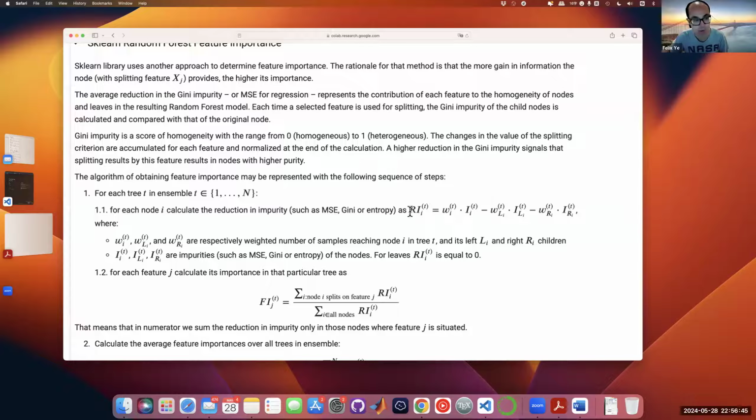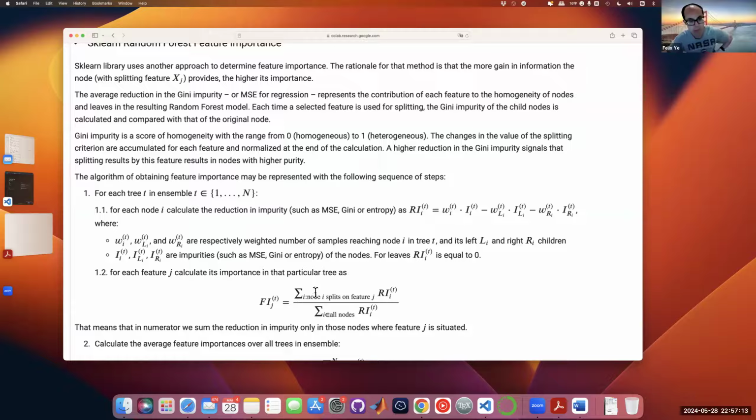So what we are calculating is the reduction in impurity. Here I is a specific node, and T is the number of trees that we have.